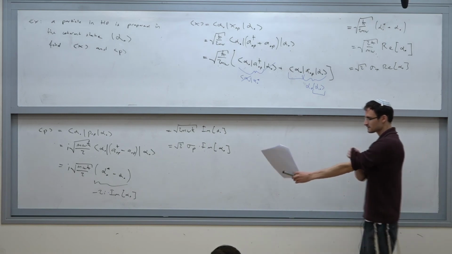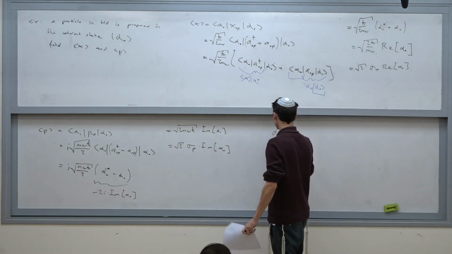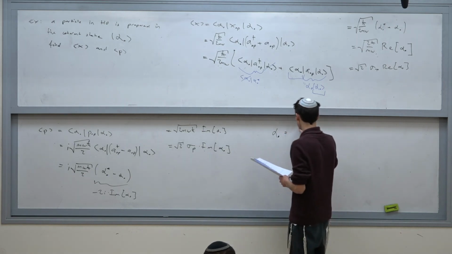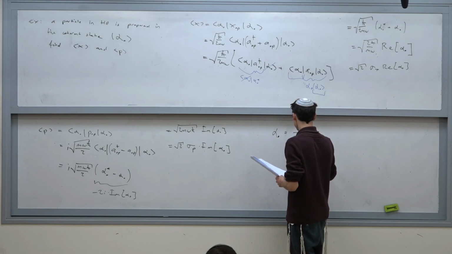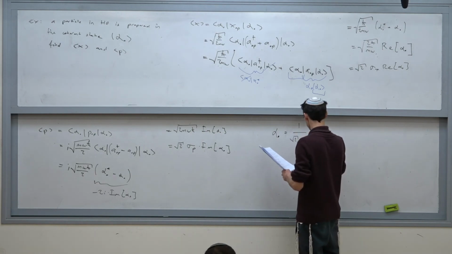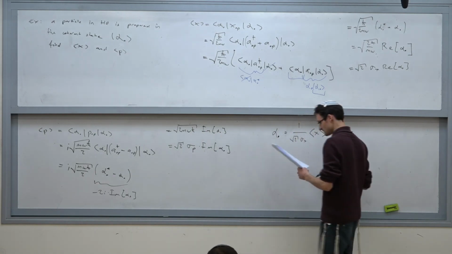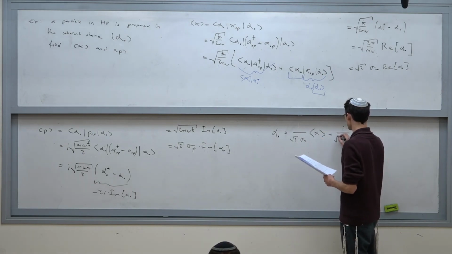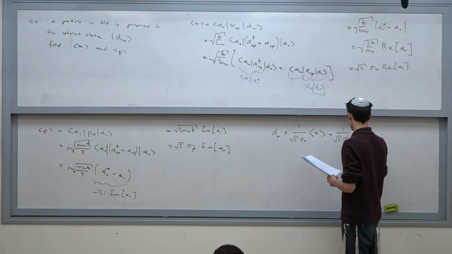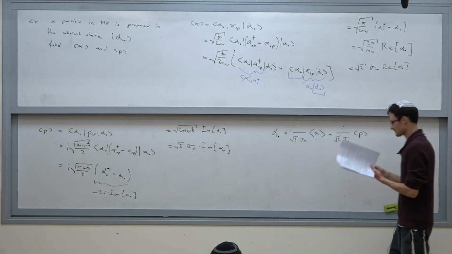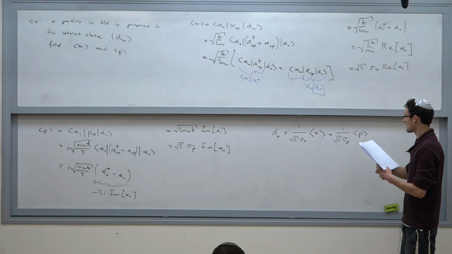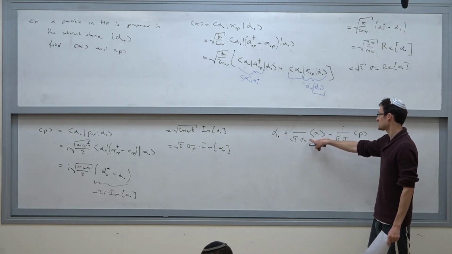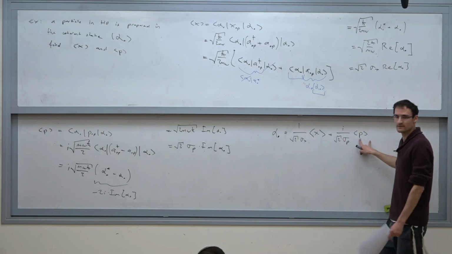That means that alpha 0, this number that defines the coherent state, is 1 over root 2 sigma x times the x average, plus i over root 2 sigma p times the p average. So alpha basically incorporates the average position and the average momentum.